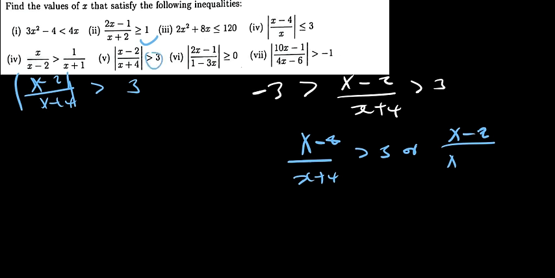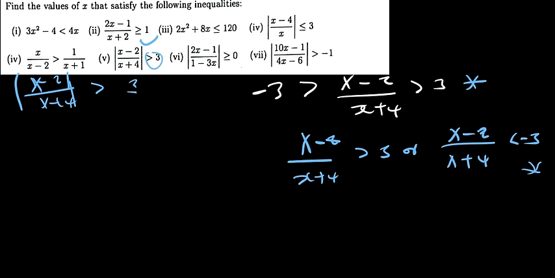So that is going to be x minus 2 divided by x plus 4, then you say now less than negative 3. It is the same thing. What I have here on top is the same as what I have there. Now you solve for the values of x.